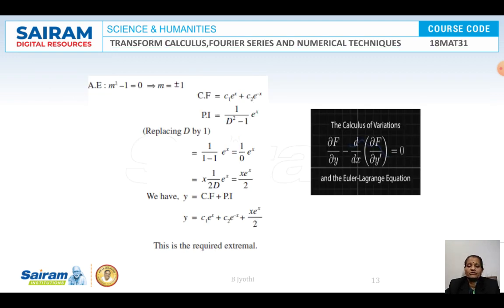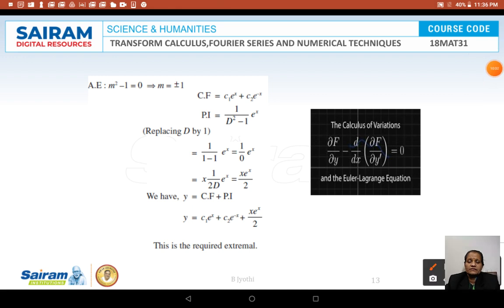So we need to find the particular integral here: e power x divided by D squared minus 1. Wherever D is there, it will be replaced with the coefficient of x in the e power x.